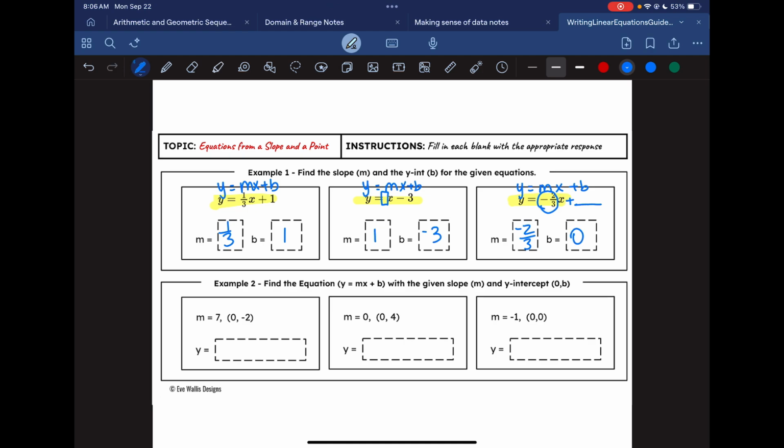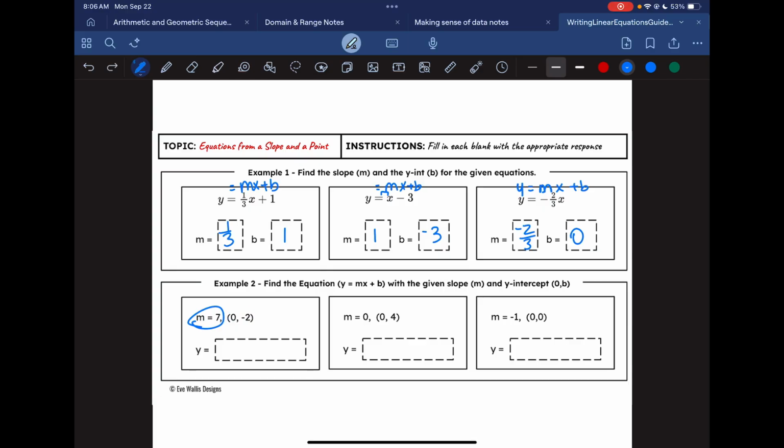For example 2, it says find the equation y equals mx plus b with the given slope m and y-intercept 0, b. Now they want us to write the equation in slope-intercept form. So for the first example, they gave us the slope is 7 and the y-intercept is negative 2.